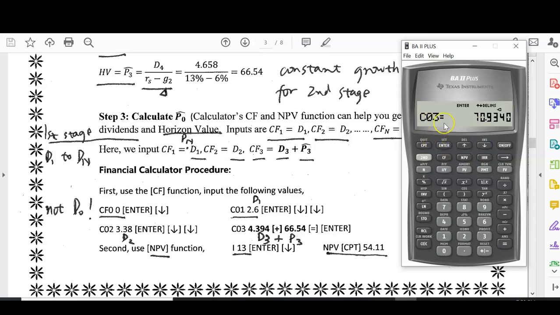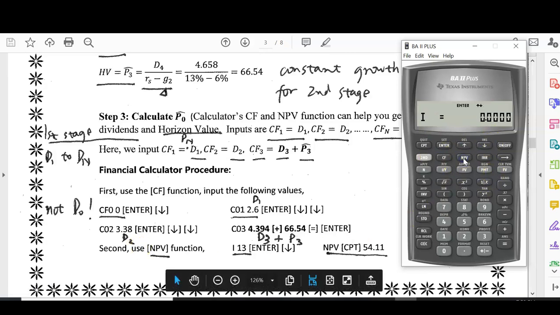So I can input cash flow 3 as 70.934. You can see a triangle showing up here, meaning the cash flow 3 is input properly. Now let me double check by pressing the down button. Frequency 3 is 1, down button, there is no cash flow 4 or frequency 4, and I come back to cash flow 0, making sure I only have 3 cash flows input.